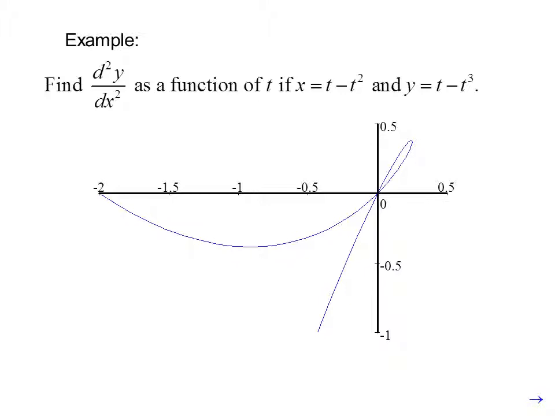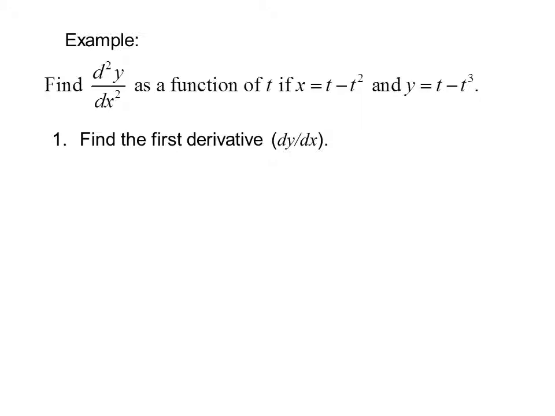Example. Find the second derivative with respect to x, d squared y/dx squared, as a function of t if x equals t minus t squared and y equals t minus t cubed. Step 1.